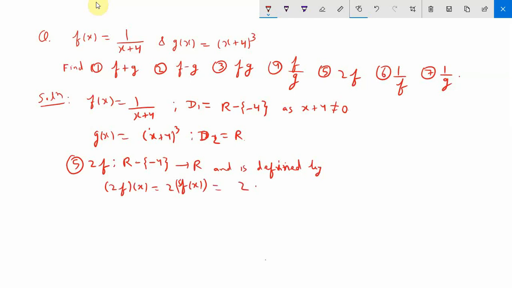So we can write f(x) is 1 by (x plus 4). So 2 by (x plus 4) for all x an element of R minus {minus 4}.